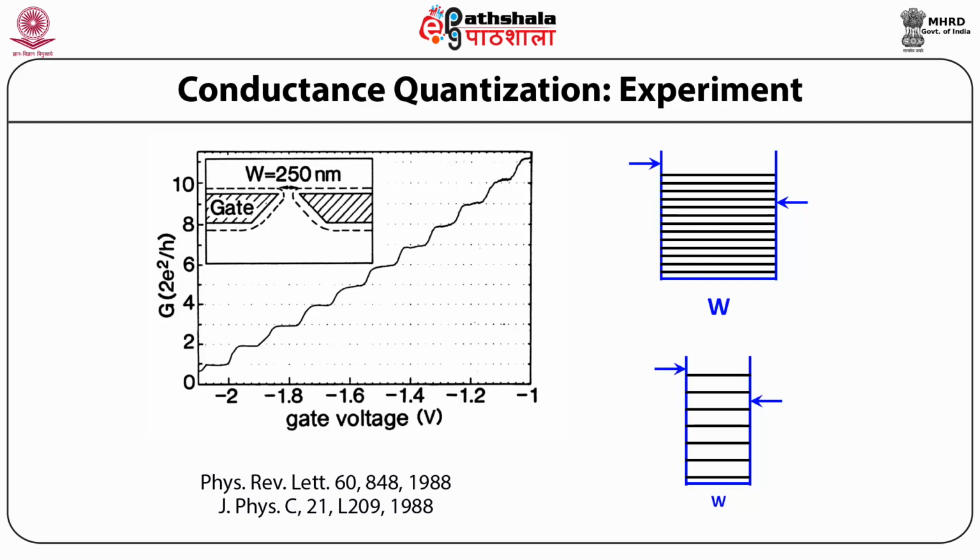The above equation can be written as R is equal to h by 2e square M T plus h by 2e square M, the whole multiplied by (1 minus T) by T.